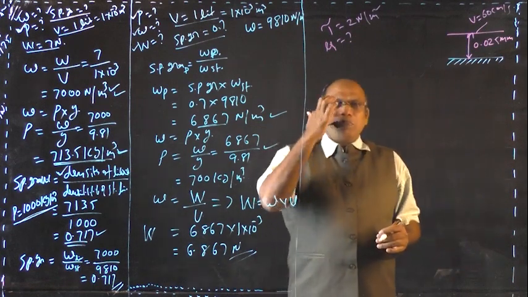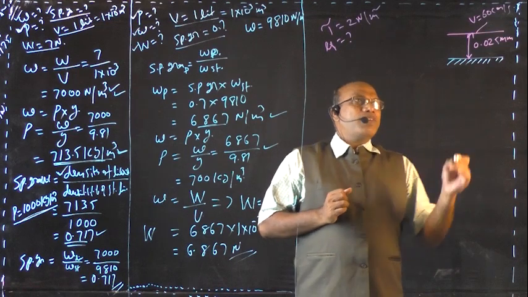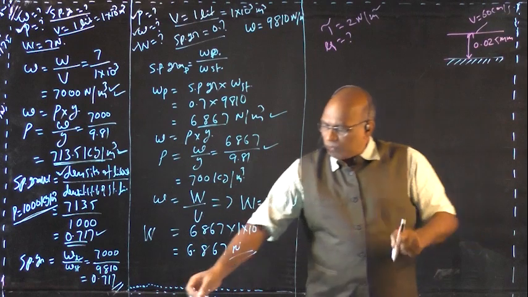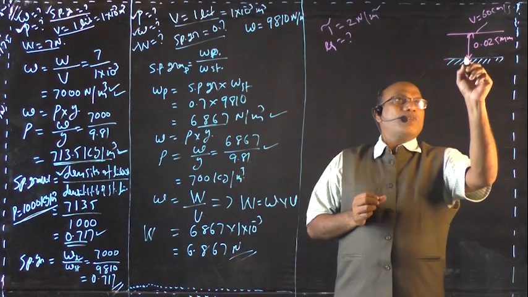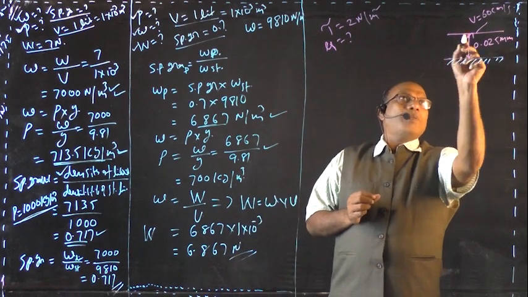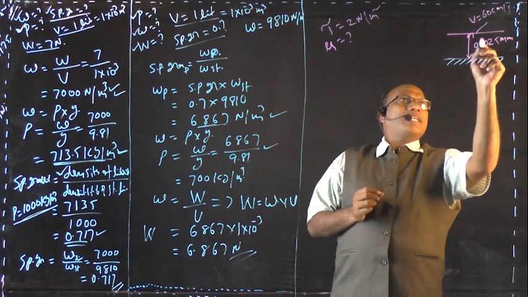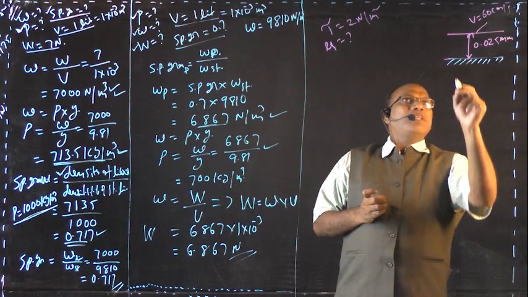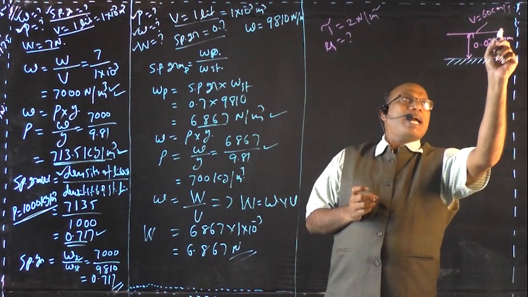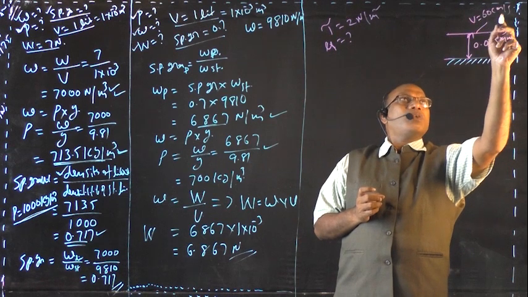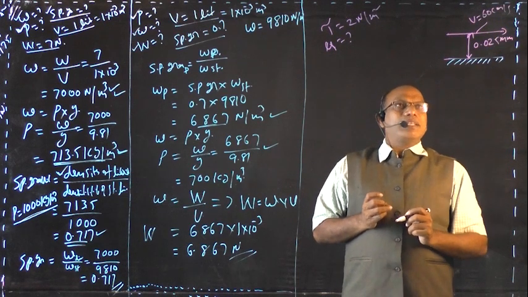In this problem they have given one fixed plate, and one more plate, and the distance between the fixed plate and the other plate is 0.025 mm. The velocity of the moving plate is v equal to 60 centimeter per second.